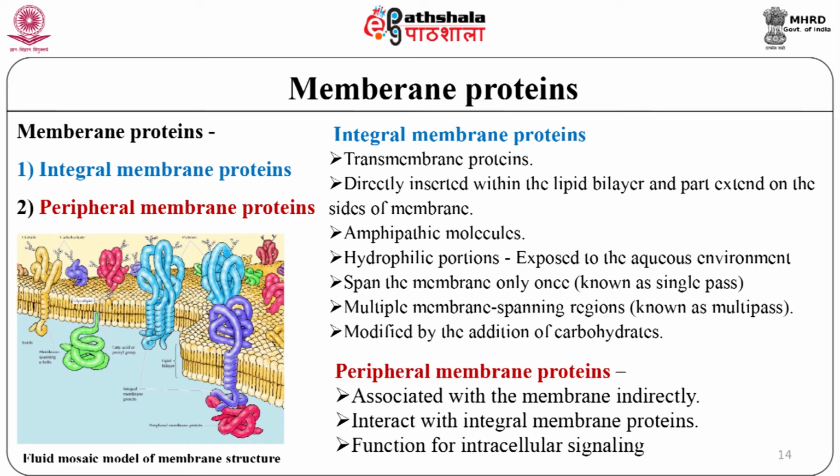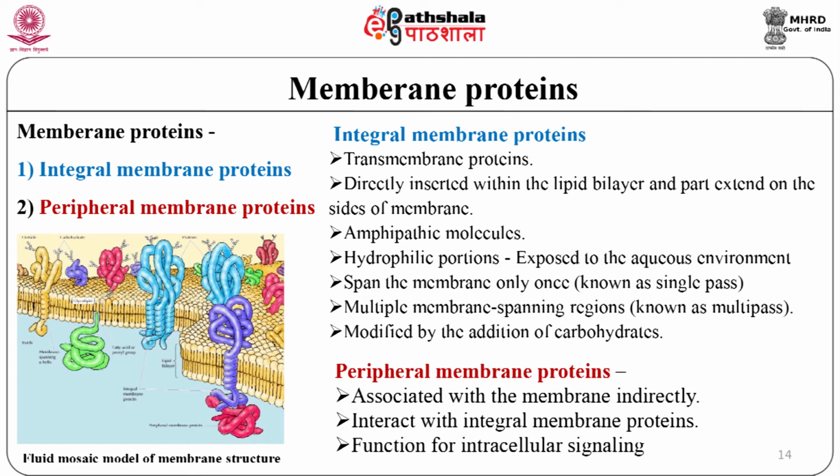The probable function of these membrane proteins is intracellular signaling. Some proteins exposed to the external surface are attached to the lipid bilayer through covalent linkage via oligosaccharides like inositol or mannose. This was all about the structure of the plasma membrane.